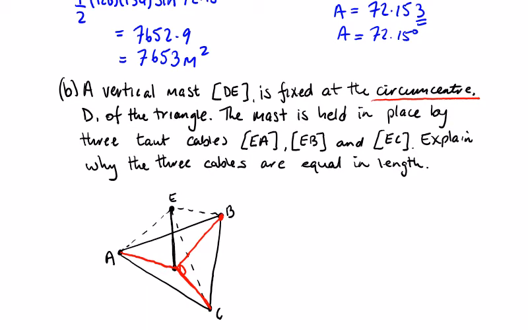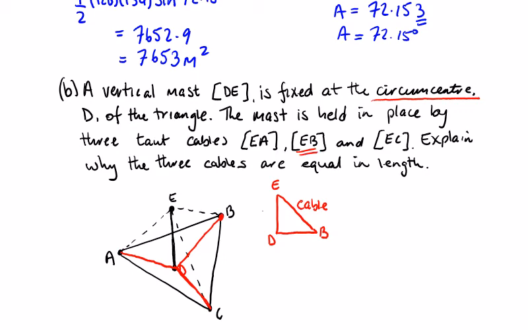So we have 3 right angle triangles. So if I just take one of them, so I'll take EBD, so D at the bottom of the pole, E at the top, and B here. So this is the cable here, EB, this one.